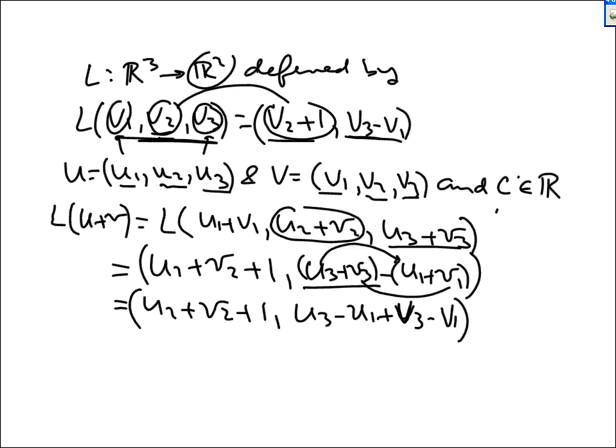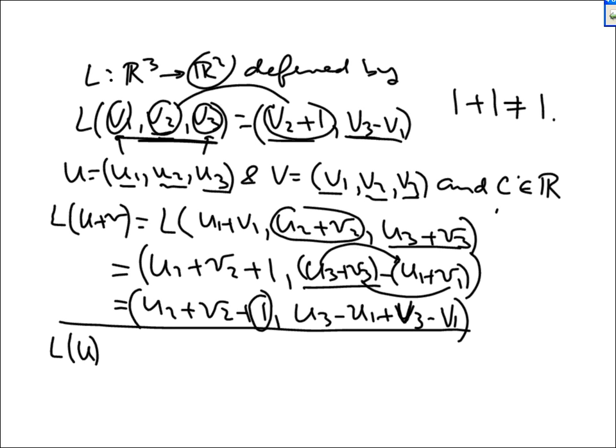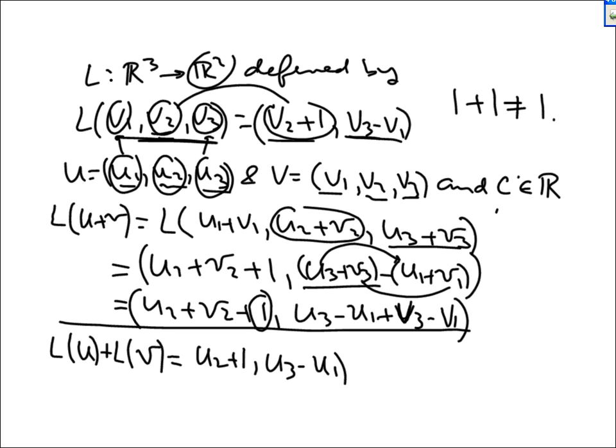Okay. Now, what's going to fail here is that 1 plus 1 is not 1. Over here, we're adding 1. Now, if you look at L of u plus L of v, L of u is the second component plus 1, comma, the third component minus the first component, u3 minus u1.